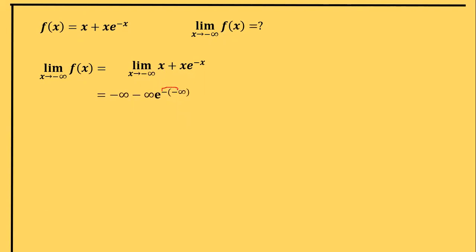Minus multiplied by minus gives plus. E to the power infinity is equal to infinity. Infinity multiplied by infinity gives infinity. Minus infinity minus infinity gives minus infinity.